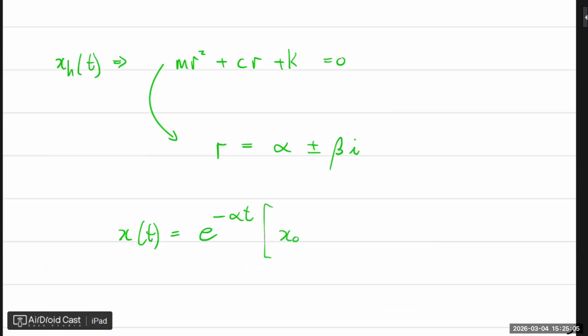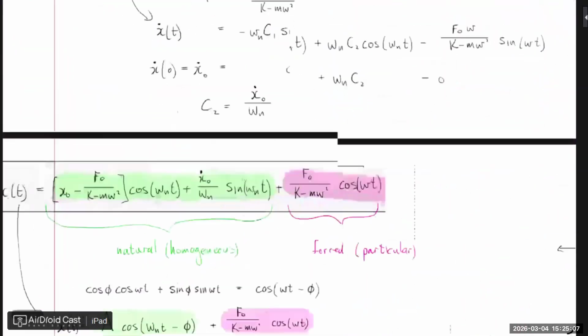Let me rather just copy and paste that, otherwise it's going to take too long.